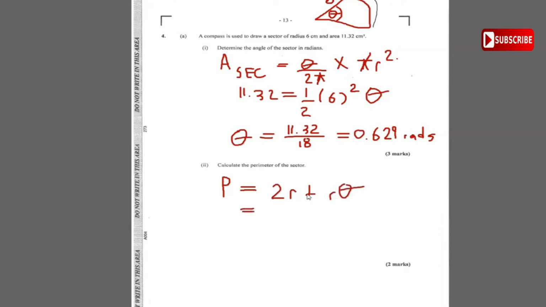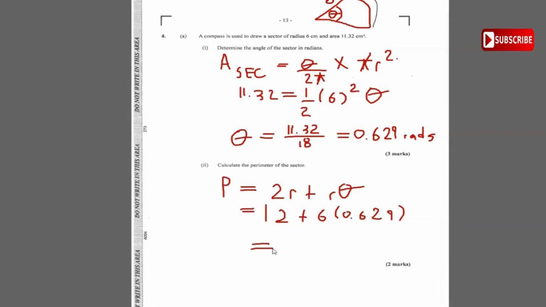So it's going to be 2 times r. r is 6, so 2 times r is 12, plus r times theta. r times theta is 6 times 0.629. So all you need to do is go ahead and put that in a calculator and tell me what you get.